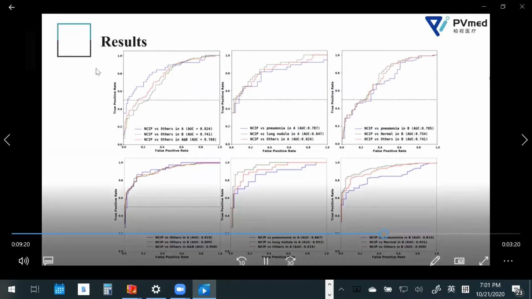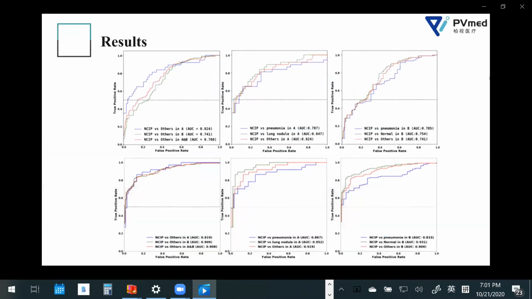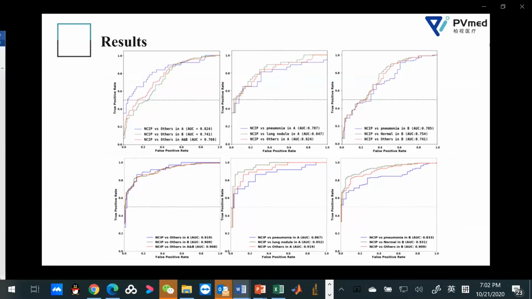Here are our ROC analysis results. This figure illustrates the case-based performances of NCIP diagnosis in different data sets in terms of the ROC analysis of NCIP-Net and baseline. The first row shows the ROC curve of baseline, and the second row shows the ROC curve of NCIP-Net. In the test and external validation, overall AUCs of NCIP-Net were over 0.9.